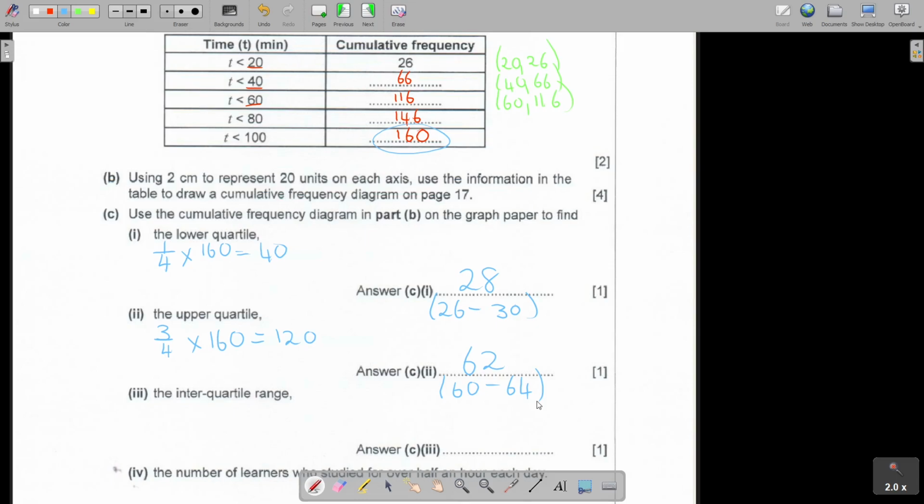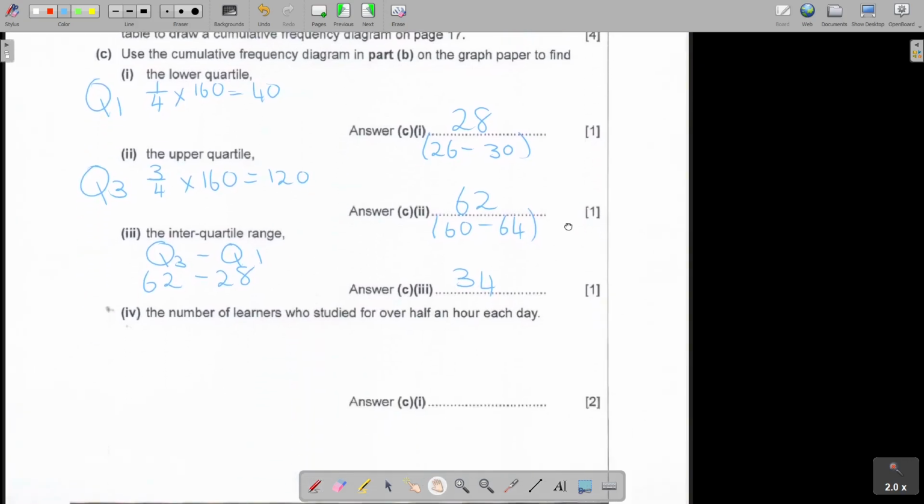Now the interquartile range, don't forget, is Q3 minus Q1. Remember, this is Q3, this is Q1. So Q3, 62 minus the 28, and that will be 34.